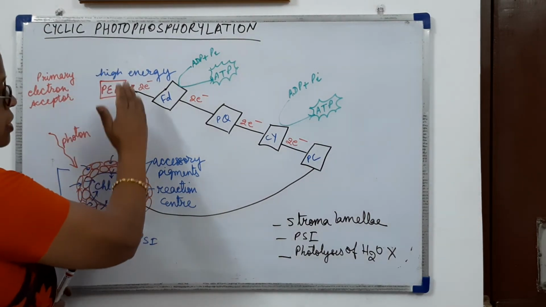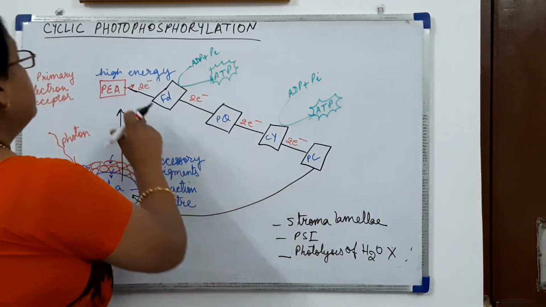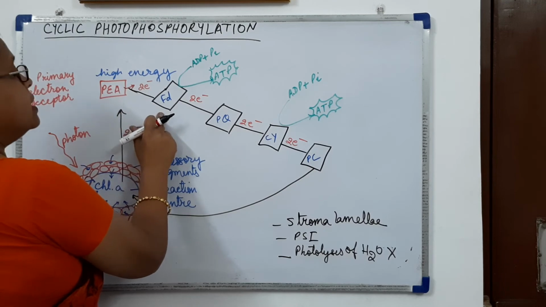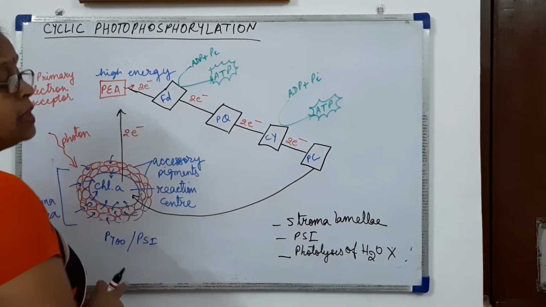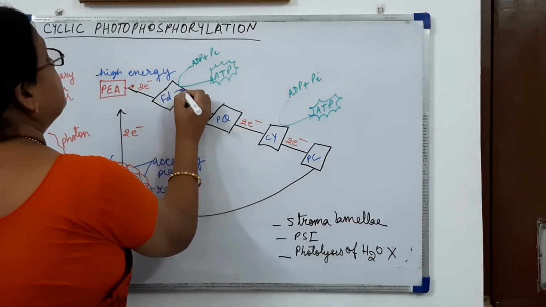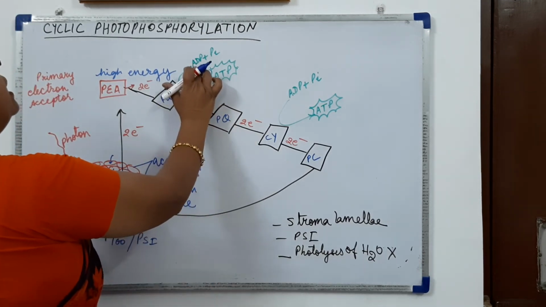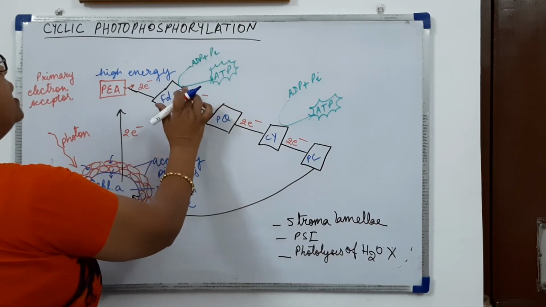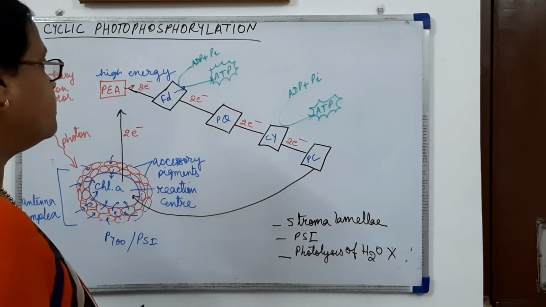Then these electrons will pass into the lower energy level acceptors. So this electron passes to ferredoxin, and while passing to ferredoxin, it is releasing the energy, and this energy is utilized by the ADP to combine with inorganic phosphate to form the energy molecule, that is the ATP.